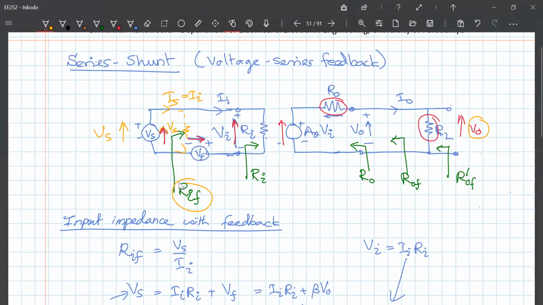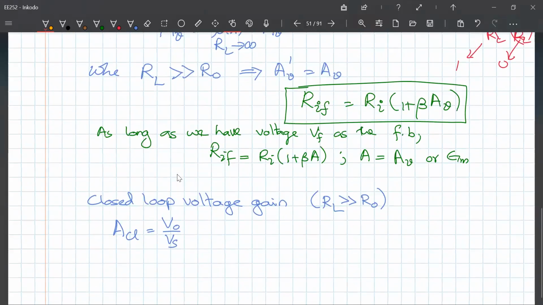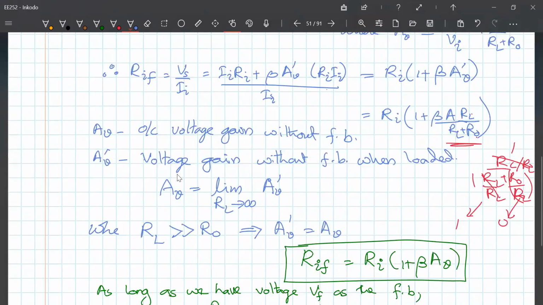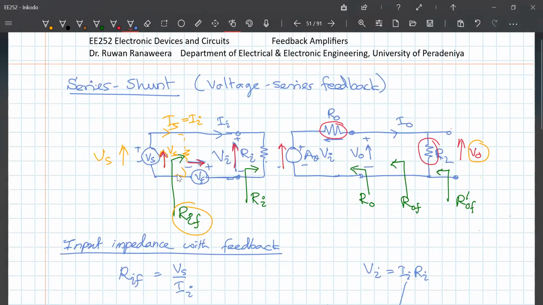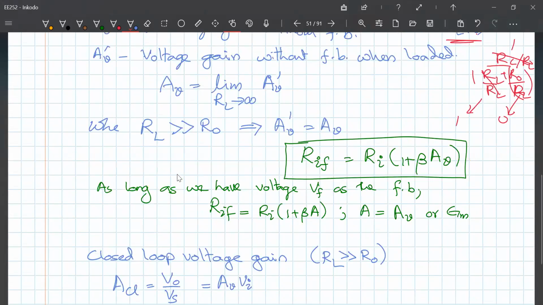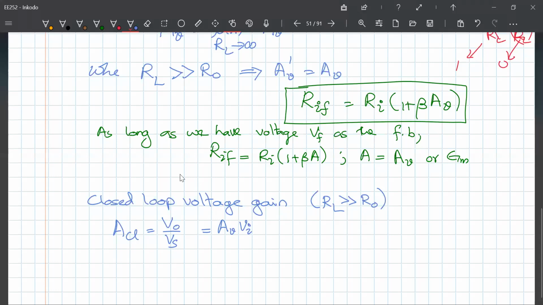Okay, the ratio between the output and input is the closed loop gain. But V out, if you don't have the loading, is equal to AV times Vi, because there is no voltage drop across the R out, because I out is equal to 0 when the load is infinity. So that's why we can write it like that.